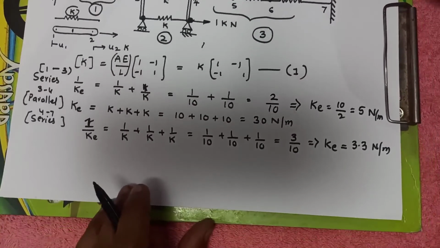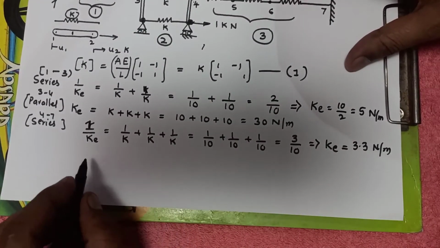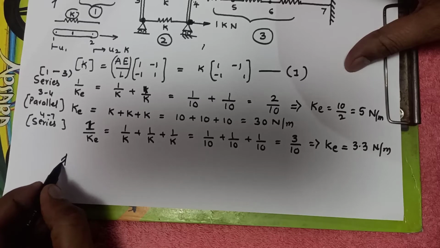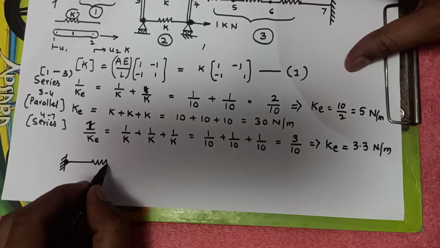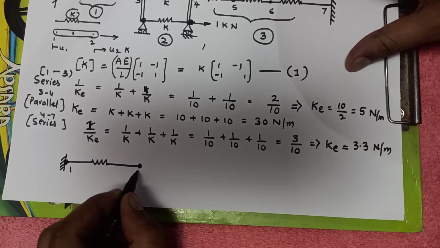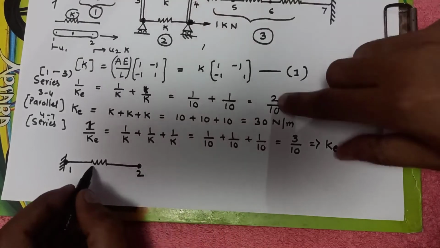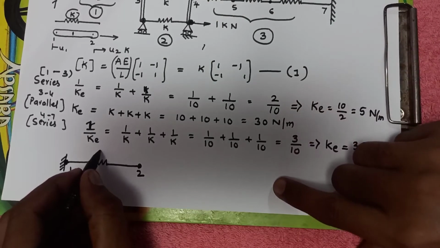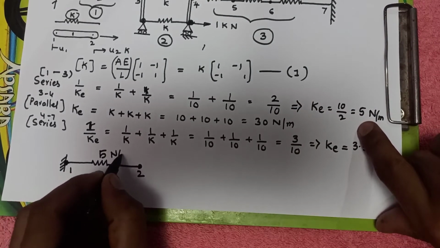So now how to draw the discretized system of springs. First it will be fixed, and at node 1 again it is a K value. Now this is node 2, you will write 1, 2 now. For this, 1, we got 5 Newton per meter.